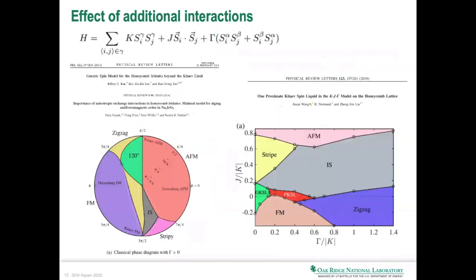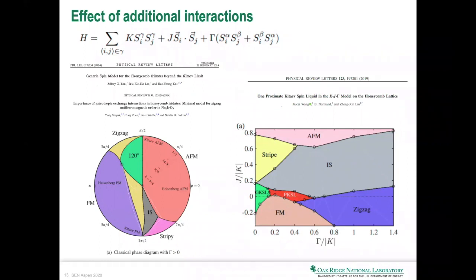In real life, of course, things are more complicated. There are other interactions that come into a real material. Principally, there's this off-diagonal exchange term, gamma. People have worked out phase diagrams for that. Here's one that uses the same scheme as in the previous slide, except now radially going outward is the gamma term.